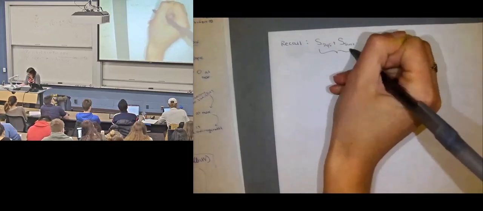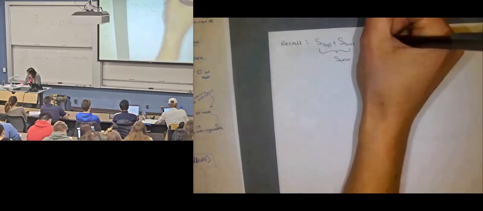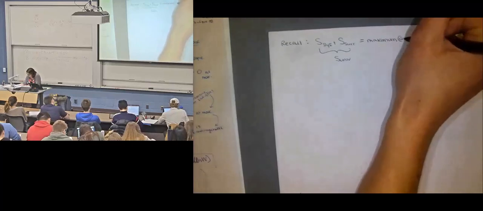Let's recall a couple things from last time. We said that the entropy, capital S, for our system plus the entropy of our surroundings, which combines to the entropy of the universe, is going to be a maximum when we're at equilibrium.